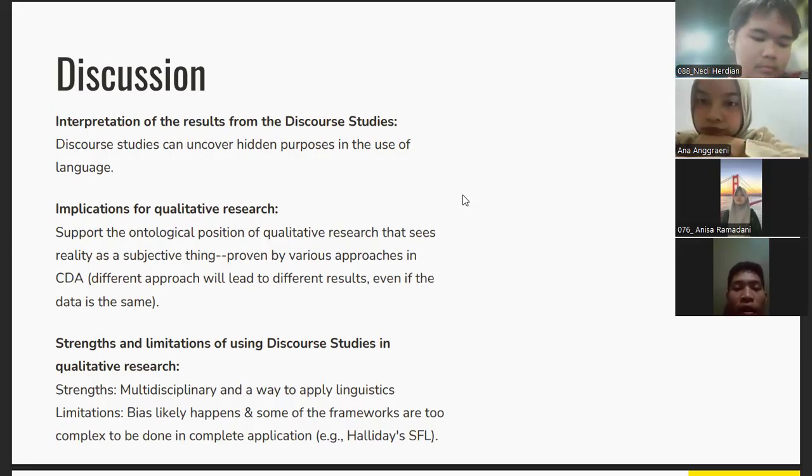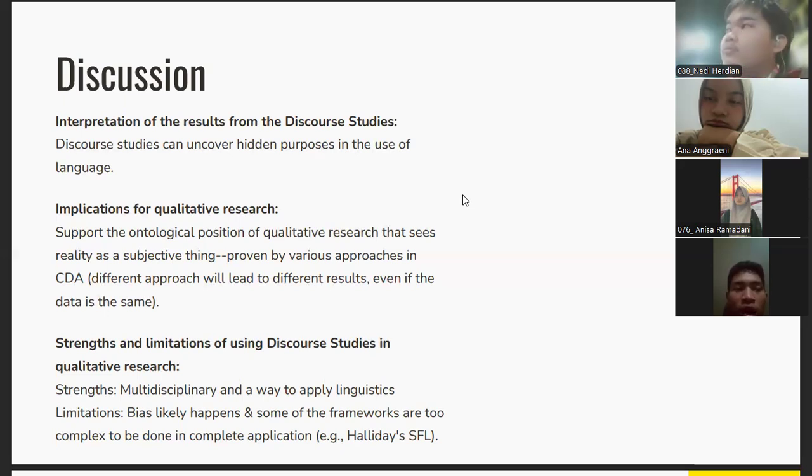Just like other methods, discourse studies also come with strengths and weaknesses. The strength is that discourse studies do not only focus on language and linguistics, but also on wide multidisciplinary subjects such as psychology and sociology.